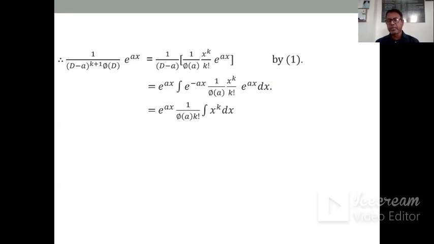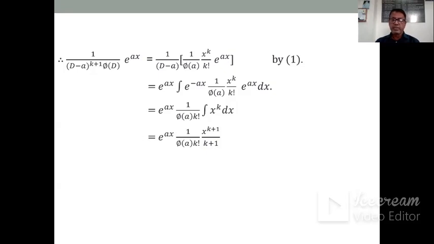And we know the integration of x to the power k is x to the power k plus 1 upon k plus 1, provided k is not equal to minus 1.